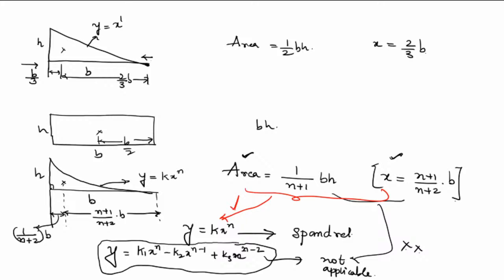If the bending moment at section XX follows this pattern, let us say you have got it as 2x square, then you can use this formula. If you have an equation like 2x square minus or plus 10x, then I'm sorry to say we cannot use these formulas. We have to search for some other alternative.